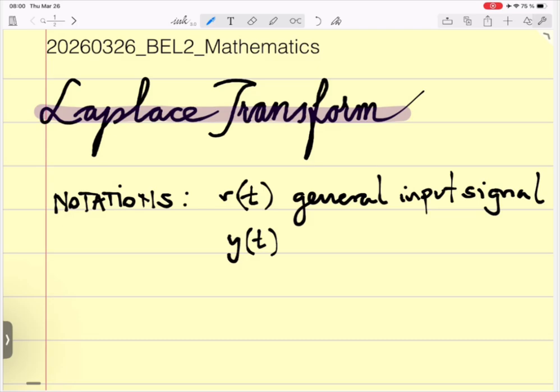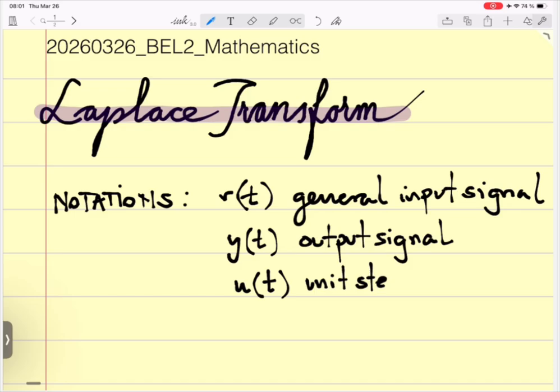Y of t denotes the output signal, and u of t denotes the unit step function, which is going to be interesting for us later on.